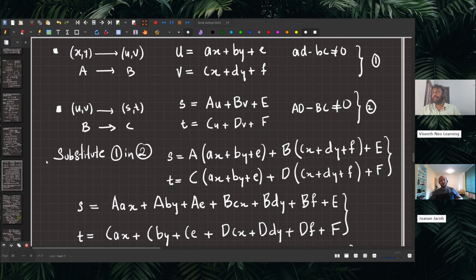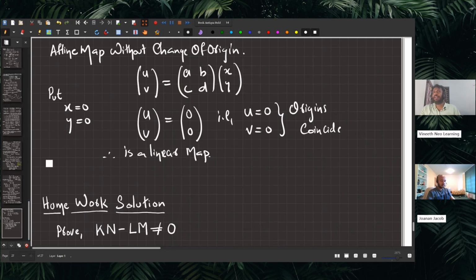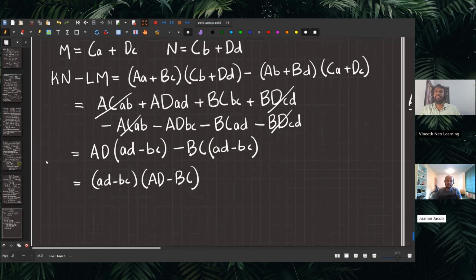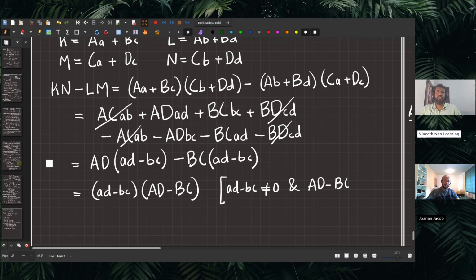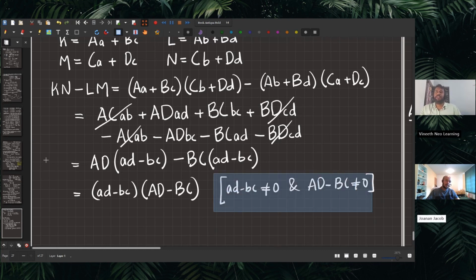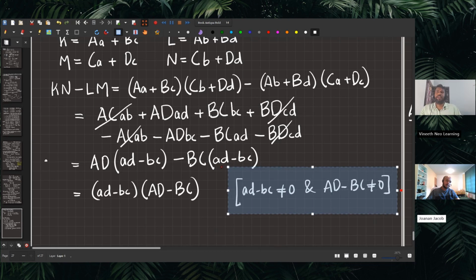So these two terms are non-zero. Therefore, kn minus lm is not equal to 0.